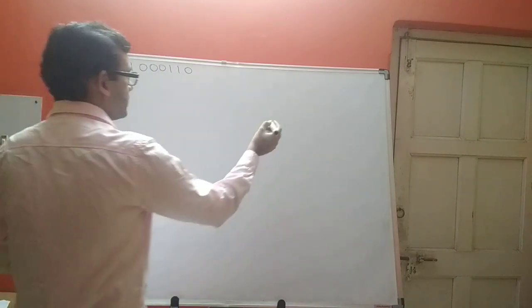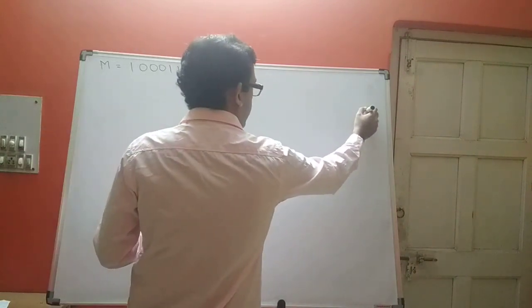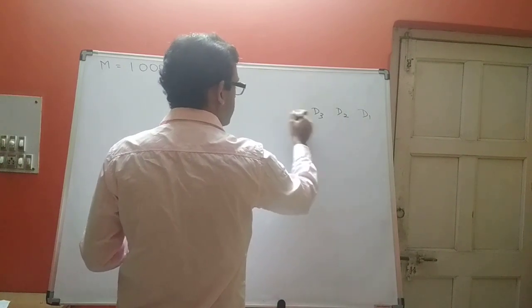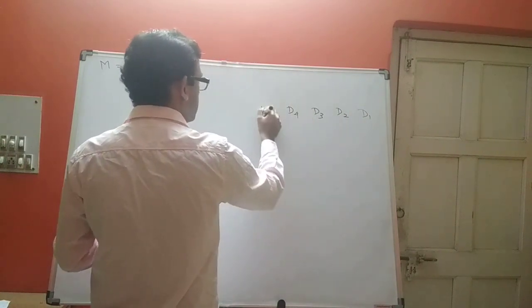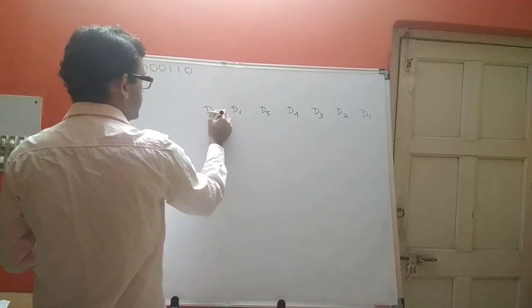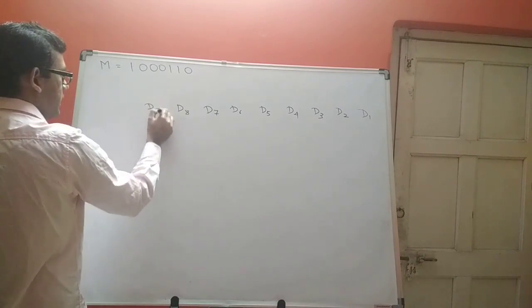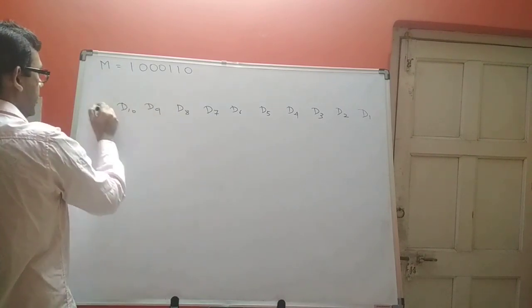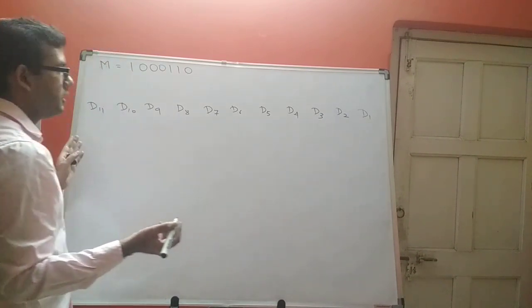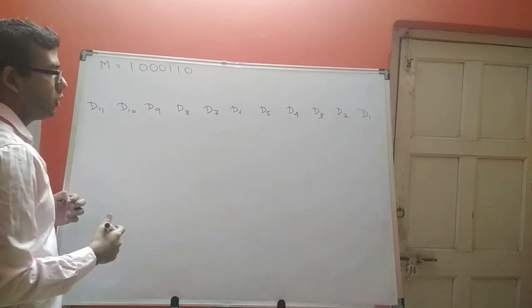So let me just write them down here. D1, D2, D3, D4, D5, D6, D7, D8, D9, D10 and D11. Okay, so this is my bit sequence, right? This is my Hamming code, the 11-bit Hamming code that I want to find out.